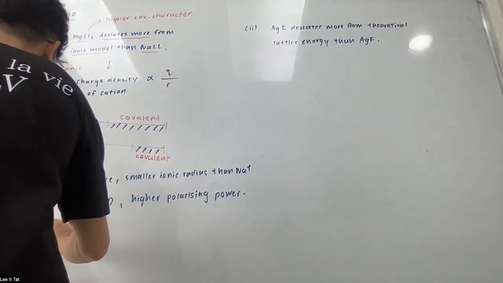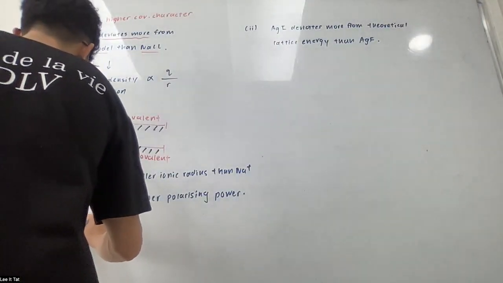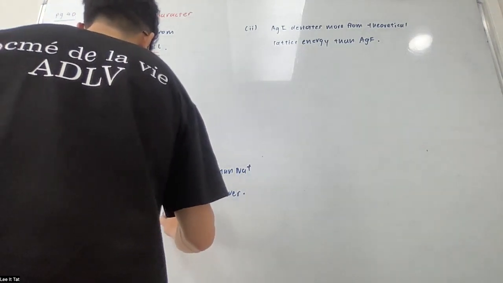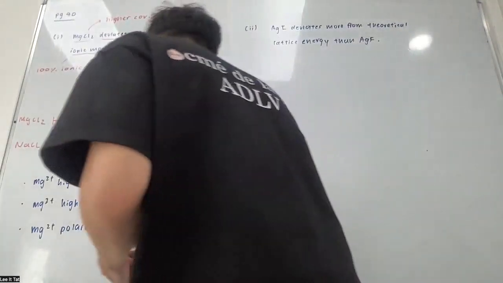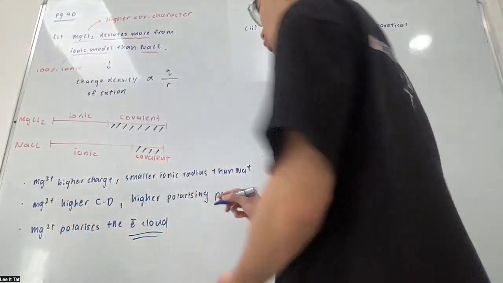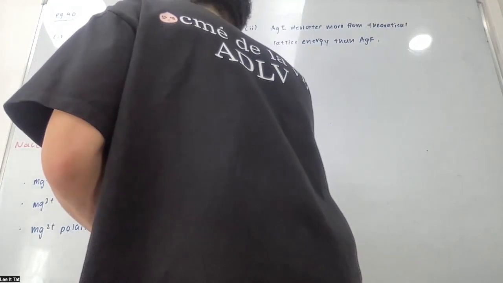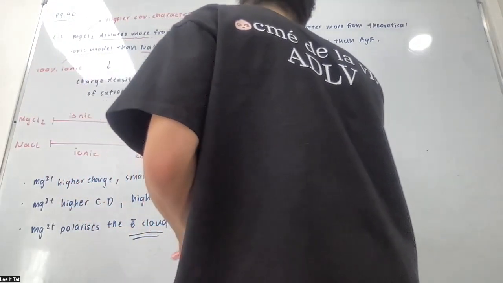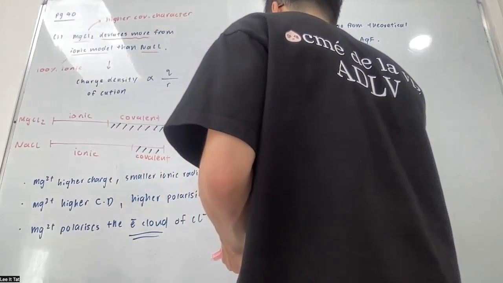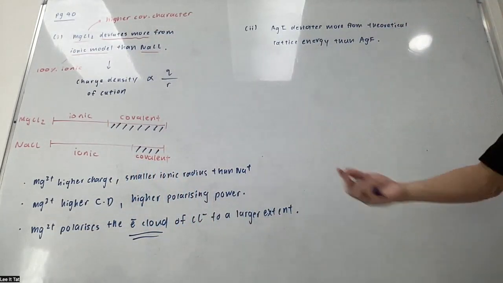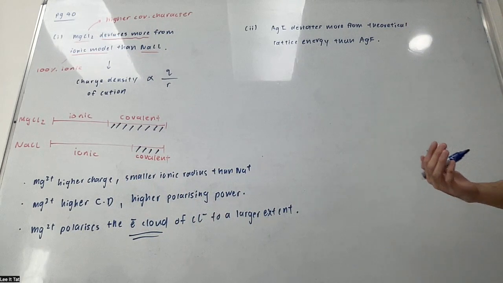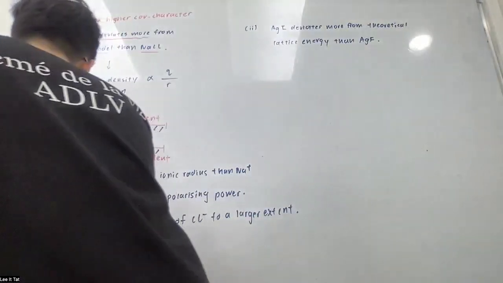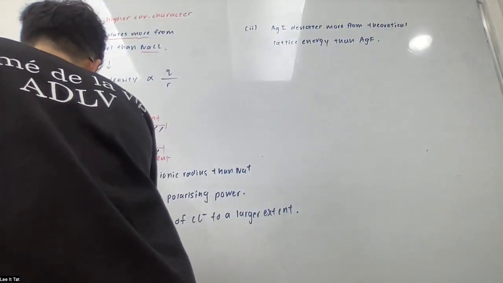Mg2+ polarizes the electron cloud. Again, you have to polarize an electron cloud, not a particular atom or compound. It polarizes the electron cloud of Cl- to a larger extent. If there's more polarizing, the degree of sharing has to be higher, so there's a higher degree of electron sharing.